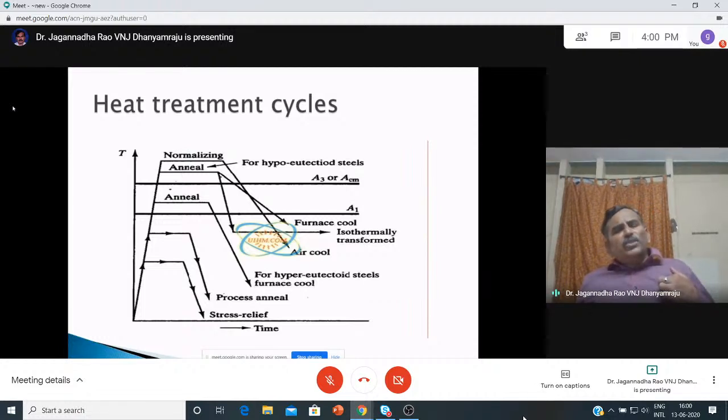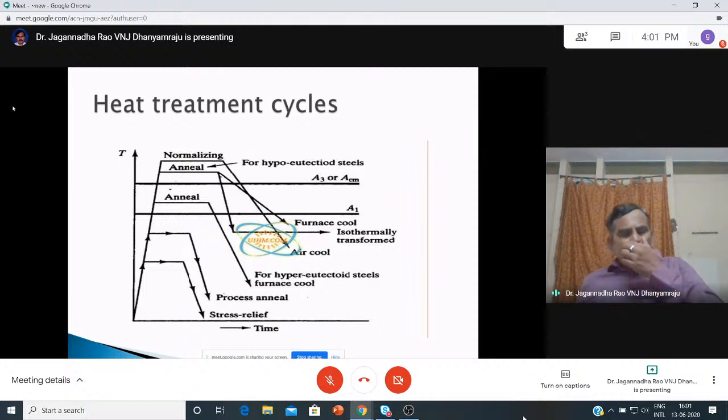And normalizing also has three stages: heating, soaking, followed by air cooling. Normalizing is characterized by air cooling. Because of this air cooling, the cooling will be faster than the furnace cooling, and you will get a strong component.